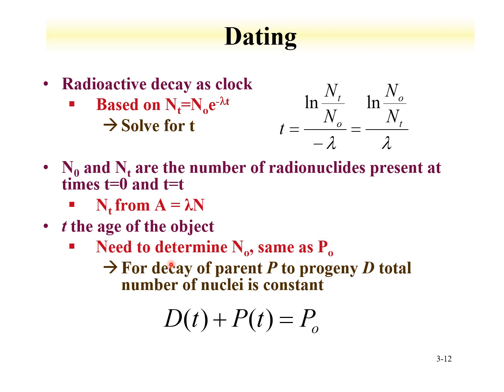For the nomenclature, we will use P for parent and D for the progeny. D, daughter in this case, but we'll state it as progeny, and for the progeny, the term will be D.